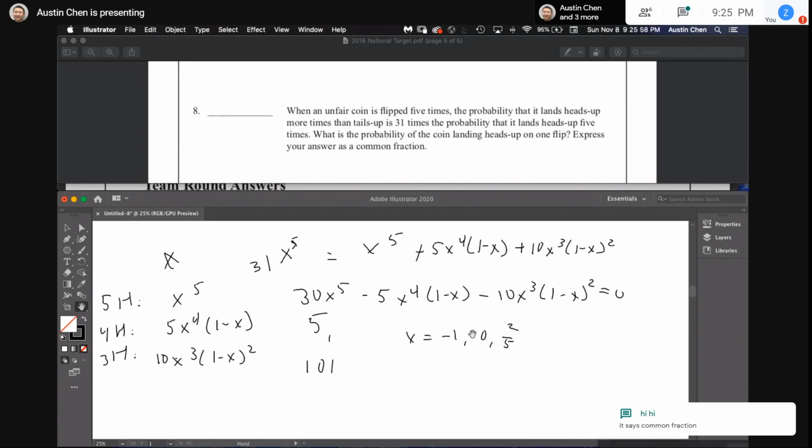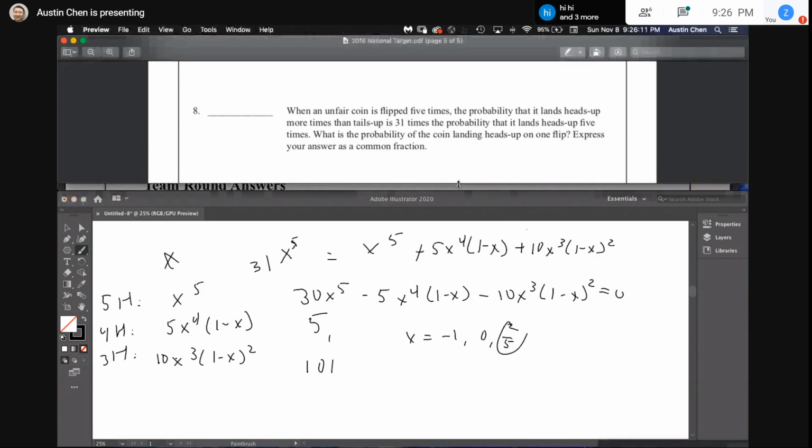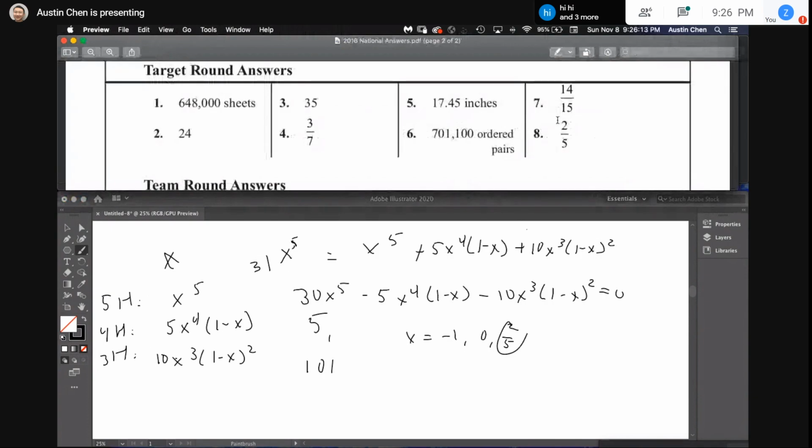But it asks for a common fraction, so the answer is obviously going to be 2/5. So this problem was not that bad.